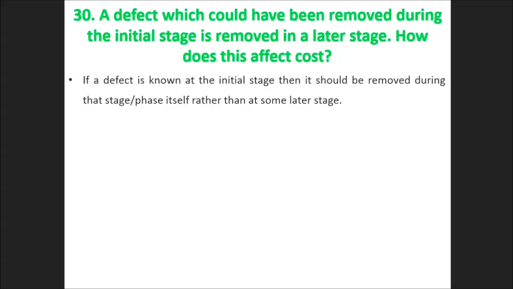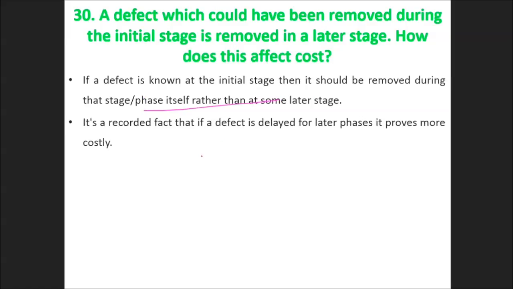So the other question may be, a defect which could have been removed during an initial stage is removed at a later stage. How does this defect cost? If a defect is known at the initial stage, then it should be removed during that stage or phase itself rather than at some later stage. It's a recorded fact that if a defect is delayed for a later phase, it proves more costly.